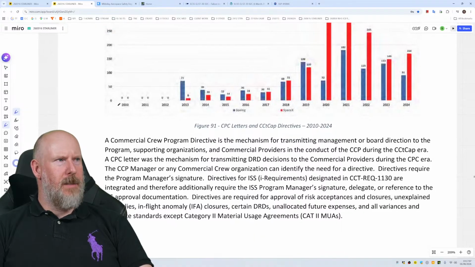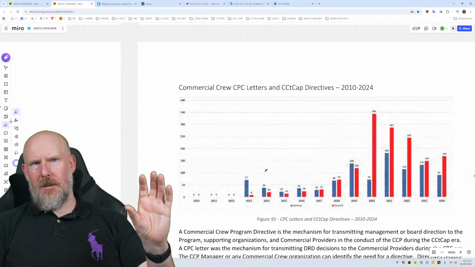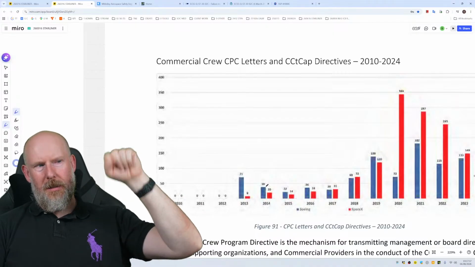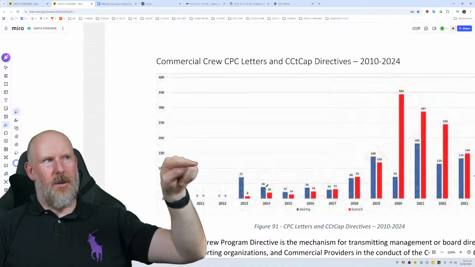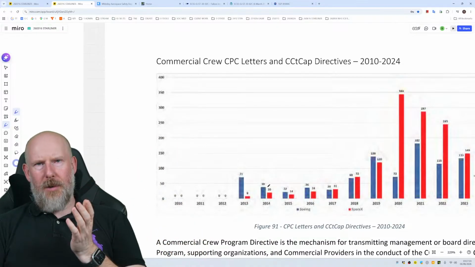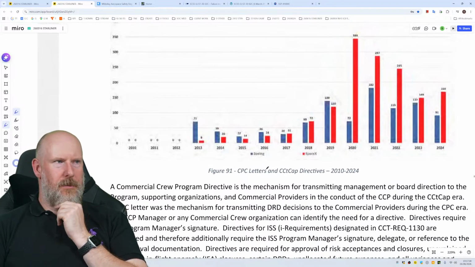I don't know. It's also interesting that they didn't start until 2013. So this graph implies interactions between NASA and the commercial crew providers. That's my impression. And it shows that there's a load of them over a year.